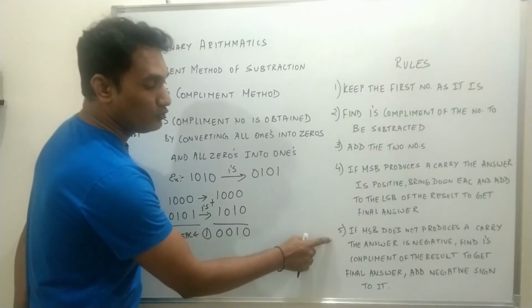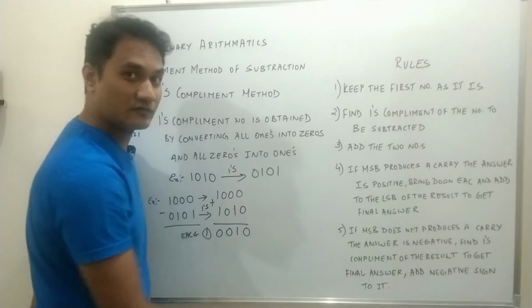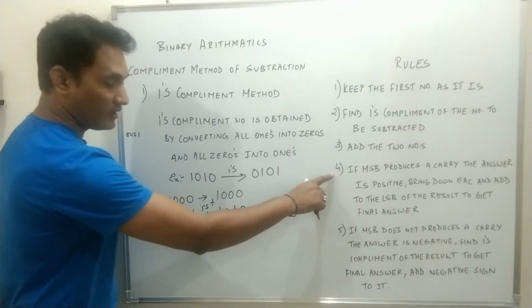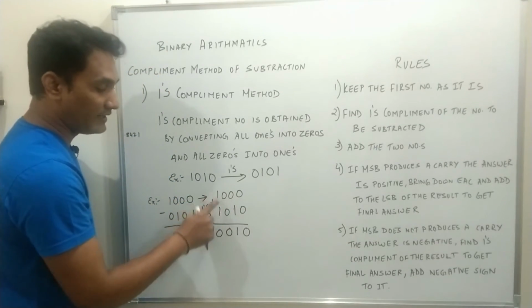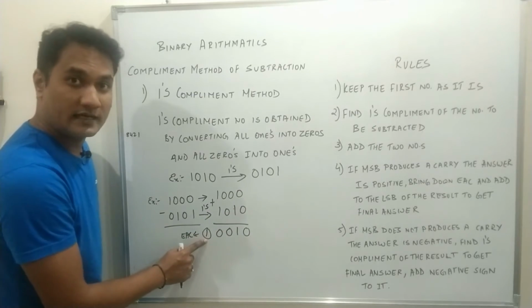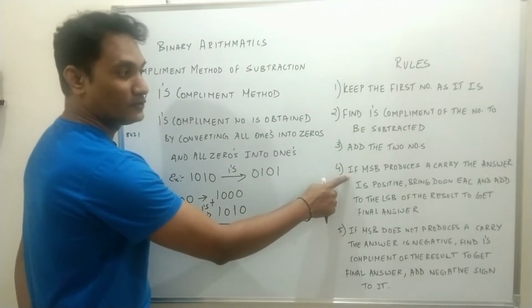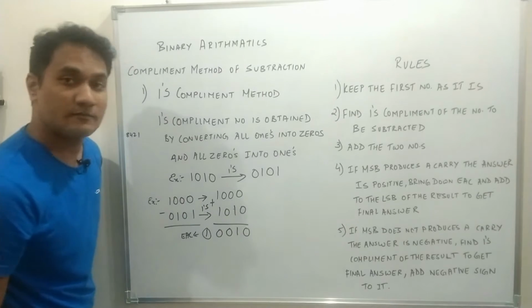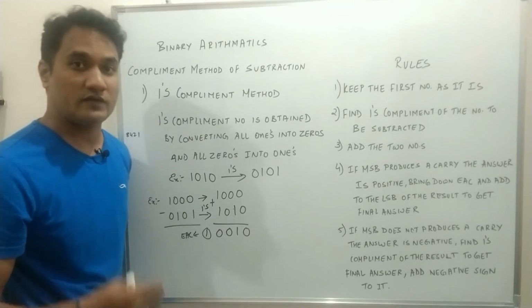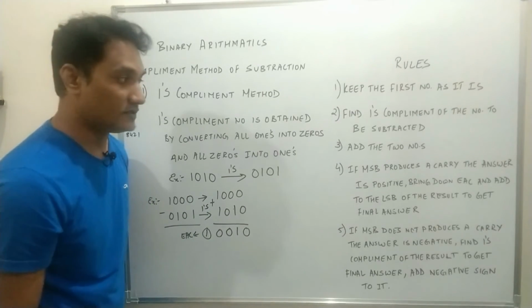So which of the two conditions is satisfied? The first one, because in this example, addition of MSB produces a carry. So if MSB produces a carry, the answer is positive. That means the final answer will be positive.